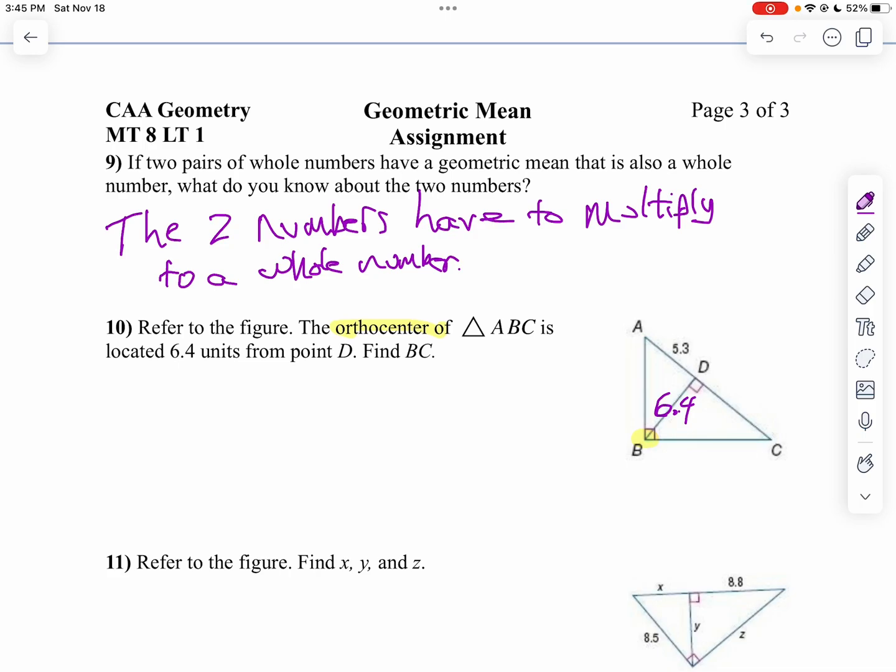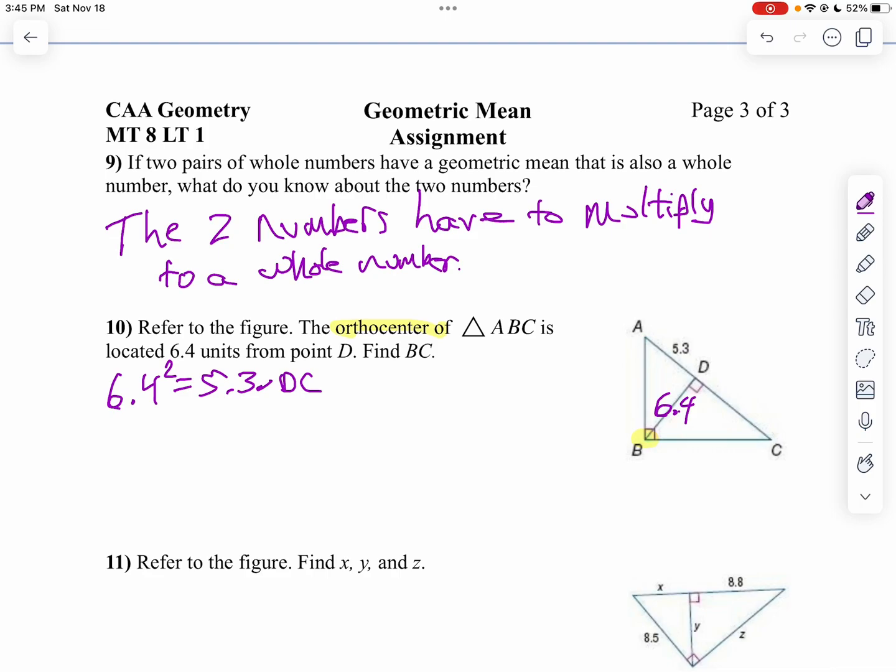And I can't find B to C directly, but I can find D to C, because I know 6.4 is the geometric mean, that's one's square, between 5.3 and, whoops, not and, I want to times it, and DC.